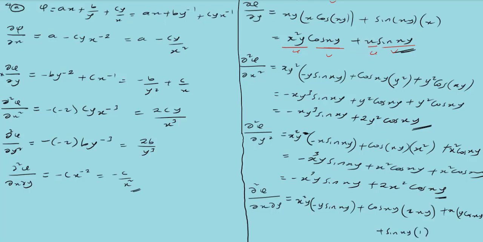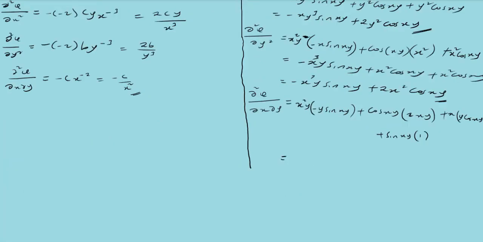So that at the end of the day, this will be equal to minus x square y square sine xy plus 2xy cos xy plus xy cos xy plus sine xy.